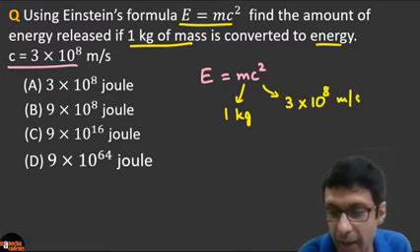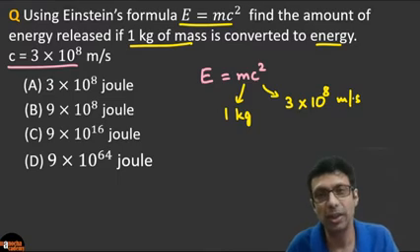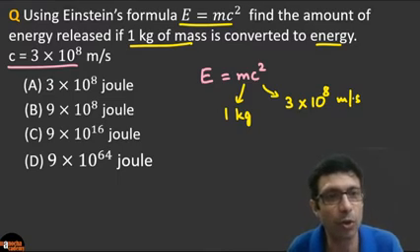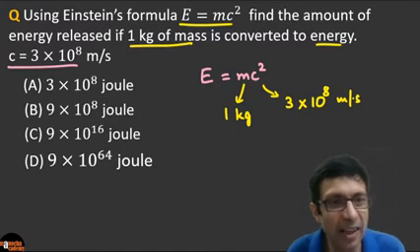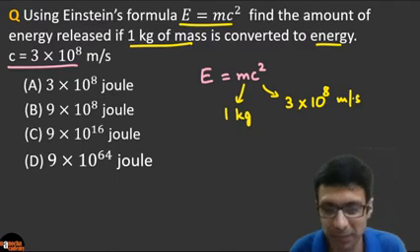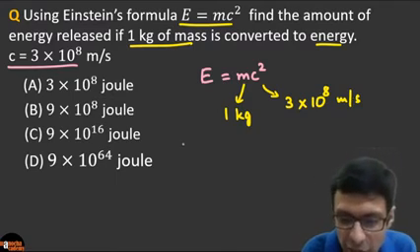You don't have to worry too much about the units. It's going to work out to joule. So which one do you think is the answer? A, C, okay, I see a lot of answers here. D, which one do you think is the right answer here? Let's work it out together, guys, and check your answer.